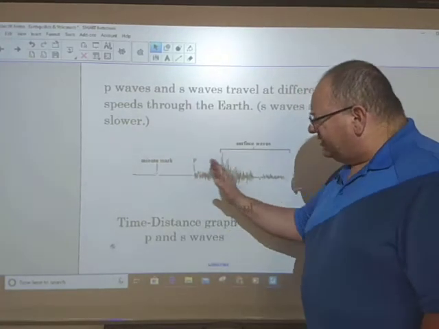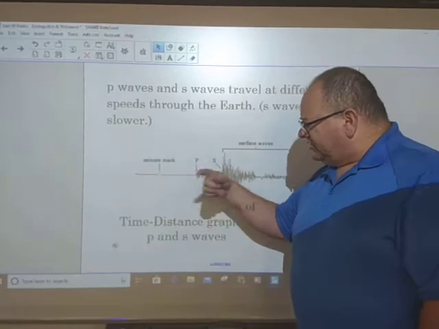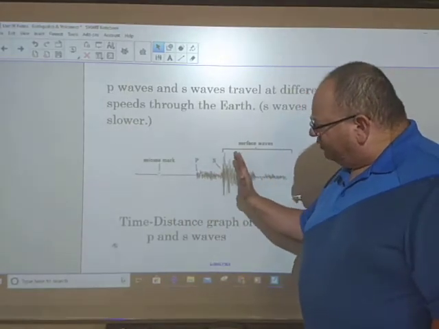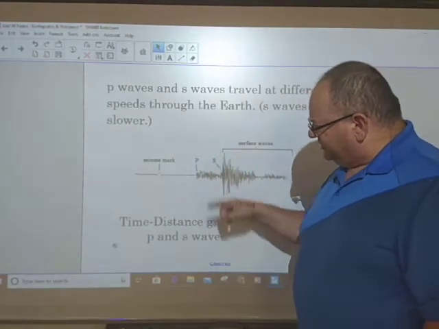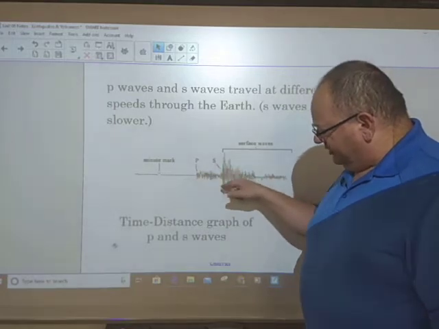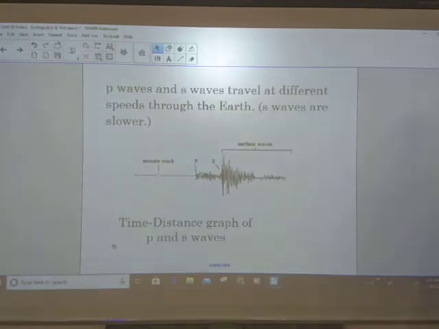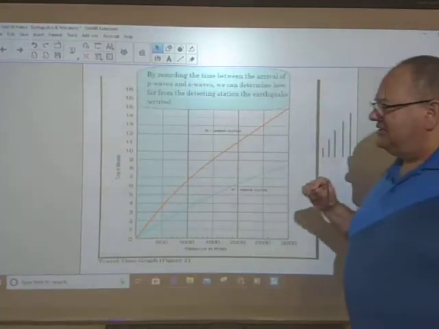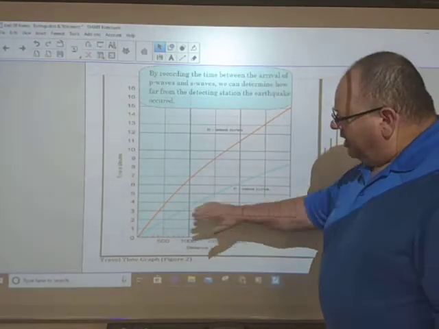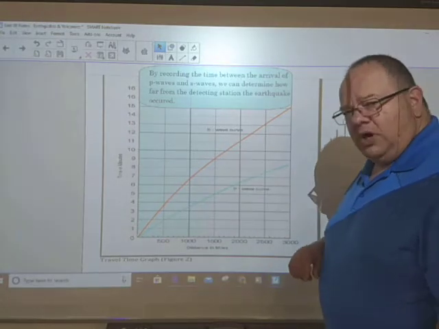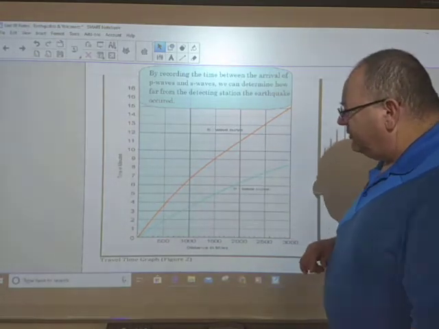And if we have this on a time scale, this piece of paper was moving through the seismograph when this started and this started, and we can record the times. Now when we look at that difference in the time, we can compare it to a plot that's been made, and I had you do some of this.